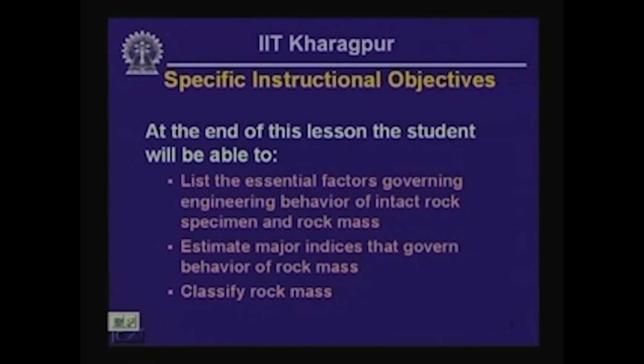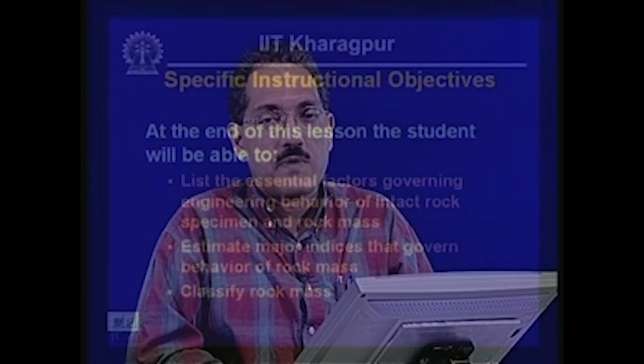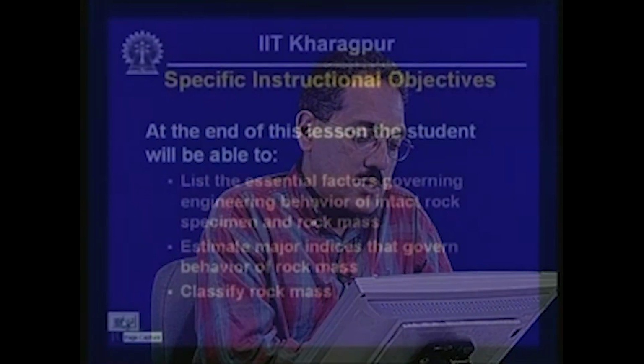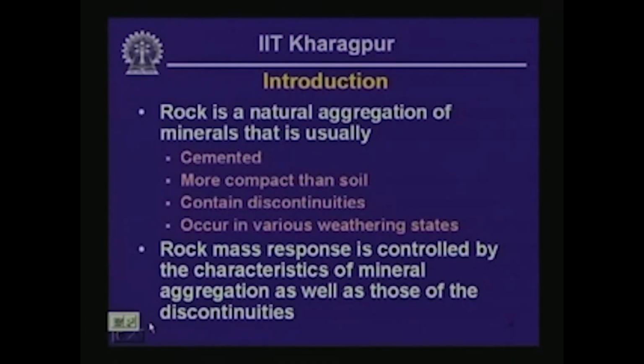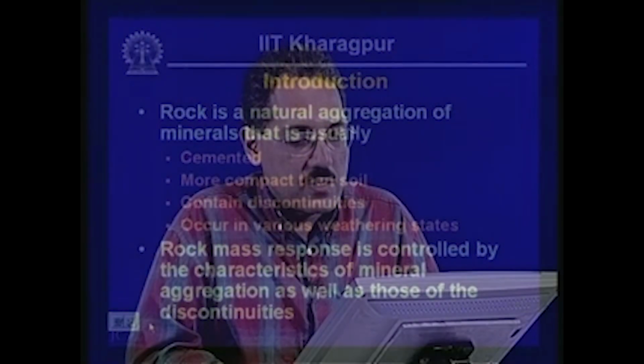Then we should be able to estimate some indices that govern these behaviors, and using this insight we are going to be able to classify rock masses. Okay, so those are the objectives of this particular lesson.